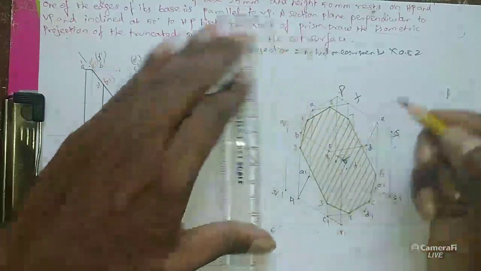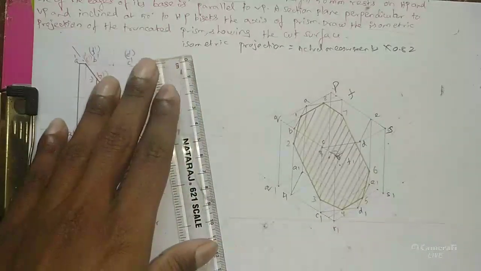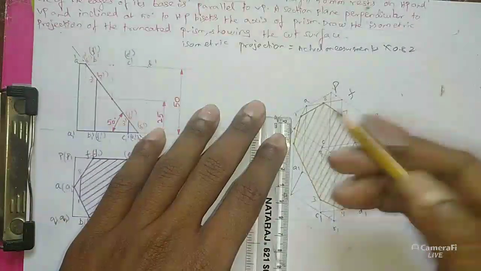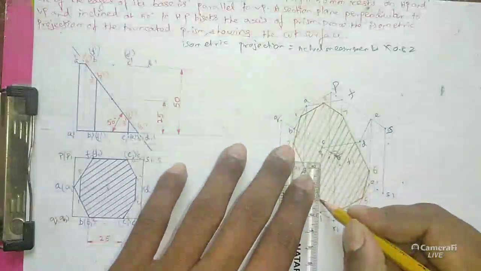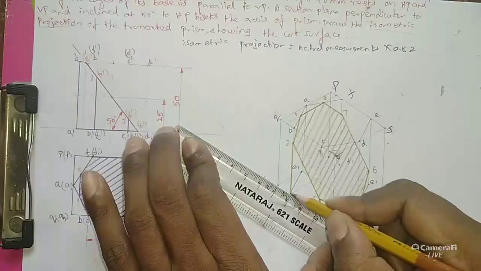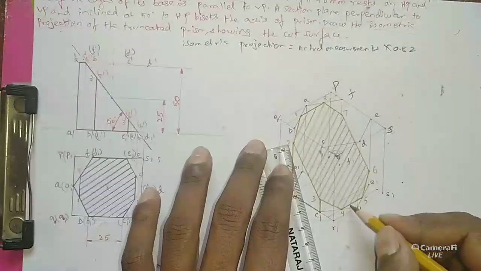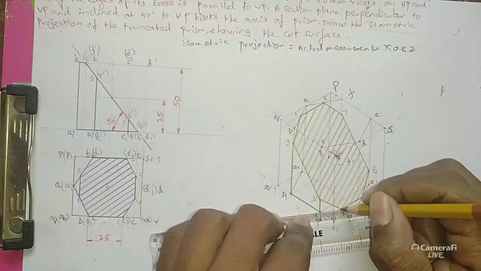So far we completed the cut surface. Now we have to darken the portion which is lying below the plane that represents the resting portion of the object. For example, just darken the visible lines clearly and then go for the next one. And this is the cut section. Do this.